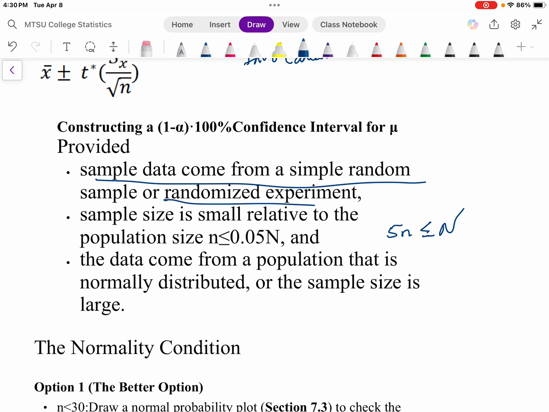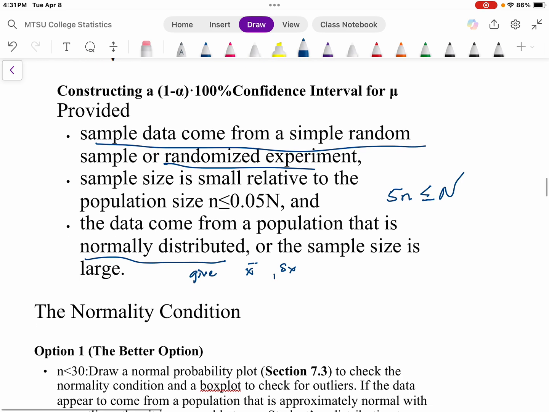So sometimes they tell us that it comes from normally distributed data and they give us the X bar and they give us the S sub X. If they give us the X bar and the S sub X, and they state for us that it comes from something that's approximately normal, then I can go ahead and do it.